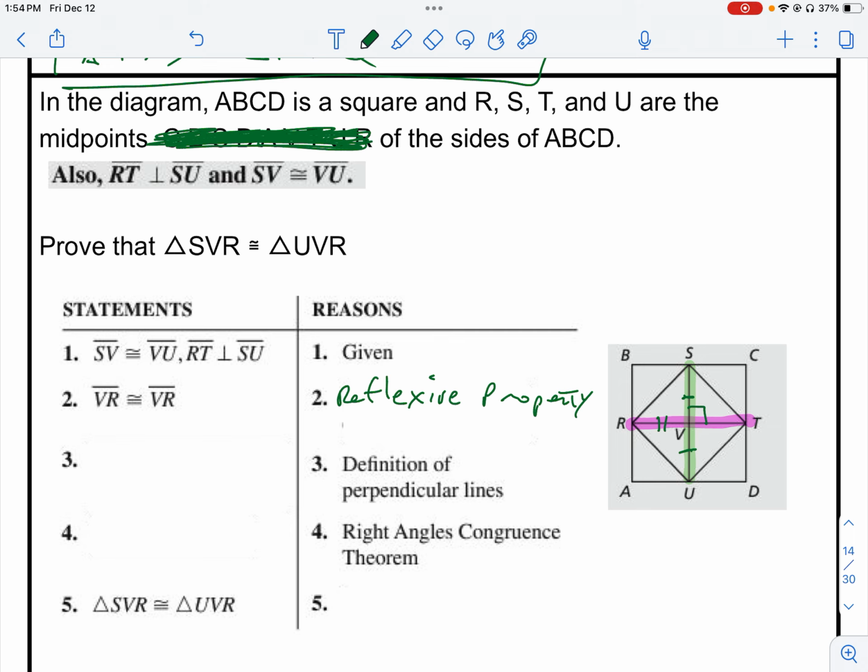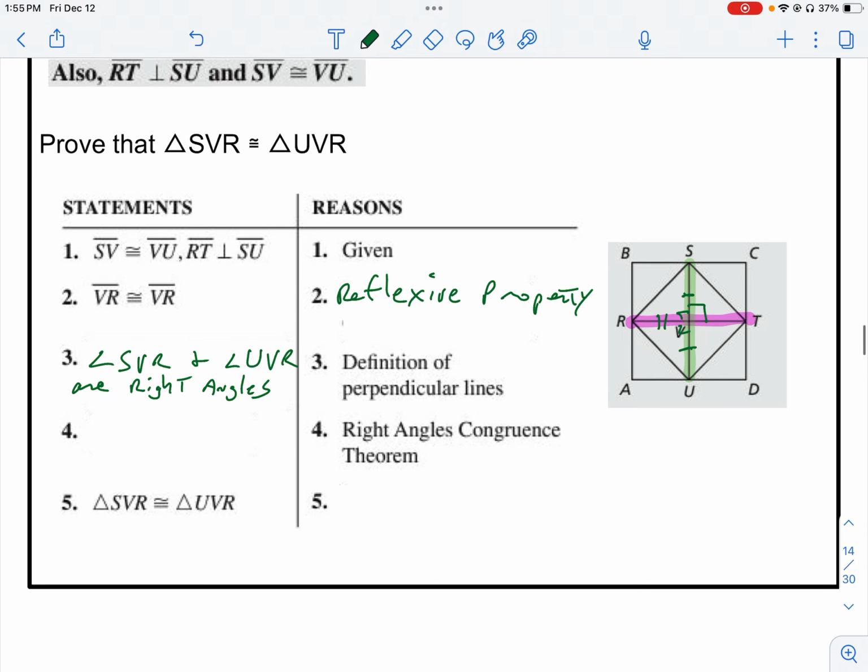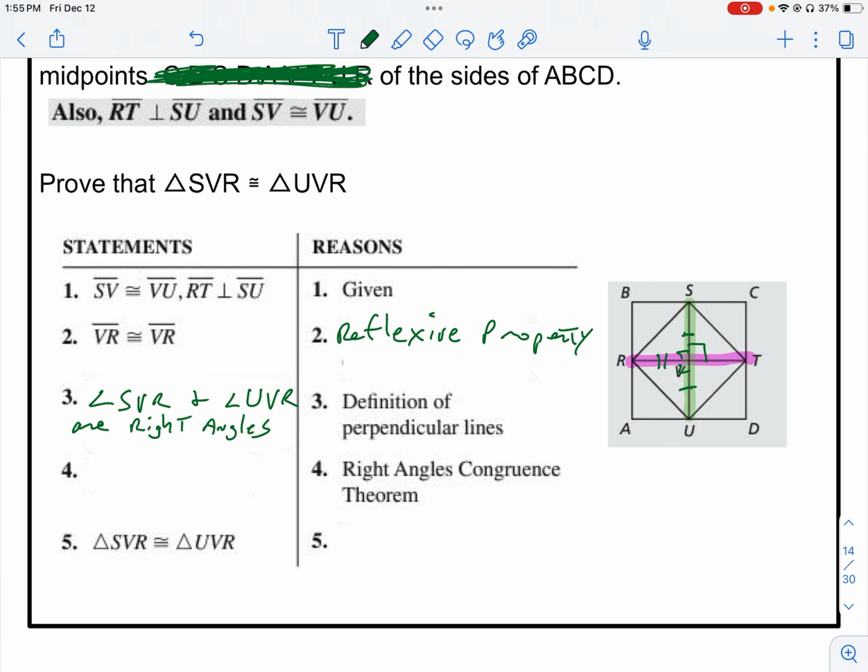So definition of perpendicular lines: if two lines are perpendicular to each other, they meet to form right angles. So angle SVR and angle UVR are right angles. And why did I pick them? Because they're in the triangles I want to prove. That helps me out, so I'm going to take advantage of my own personal discretion and make it easier.